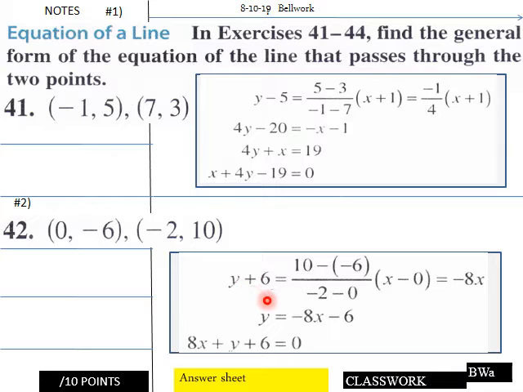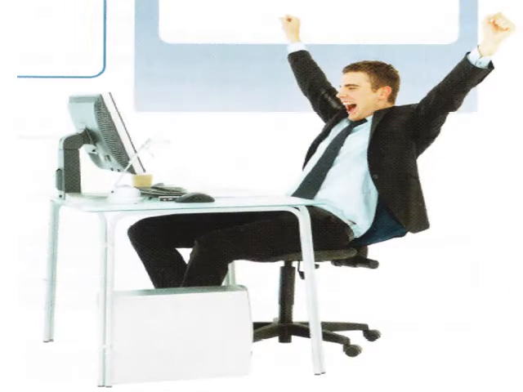So we have y plus 6 equals -8x. We move our 6 over to the other side. We have y equals -8x minus 6. And then we move it back over again. Okay, this will be an acceptable general form here. So we end up with 8x plus y plus 6 equals 0.